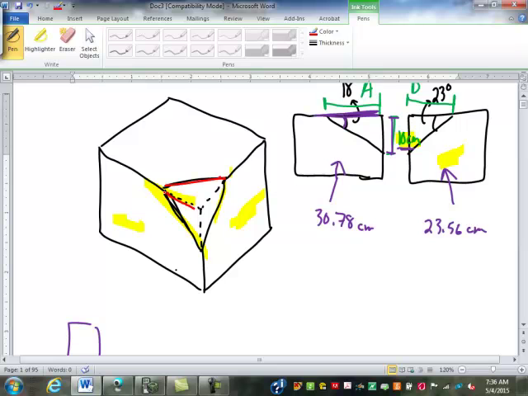If in its relaxed position this would be lined up, then this angle right here is our angle of rotation. We just need to rotate it from here to there. Does that look right? It's assuming we're lining up this edge over here, right? So how do we find that angle?